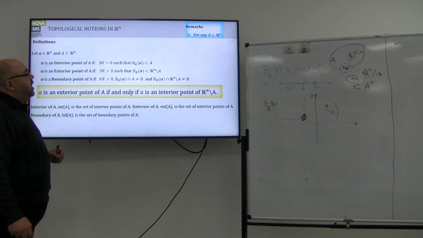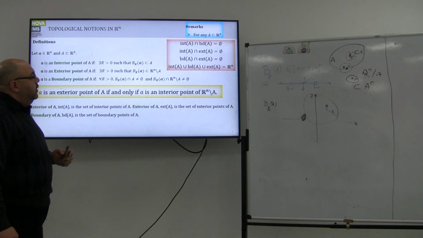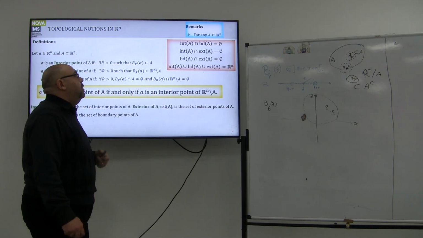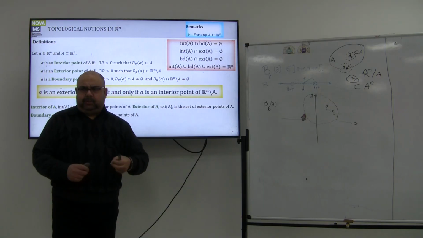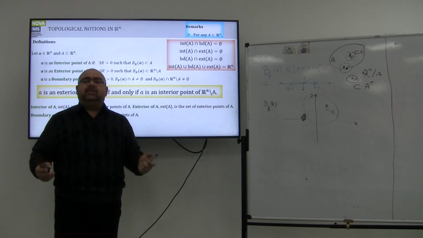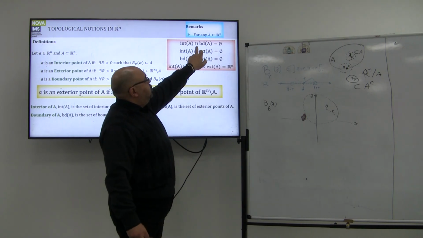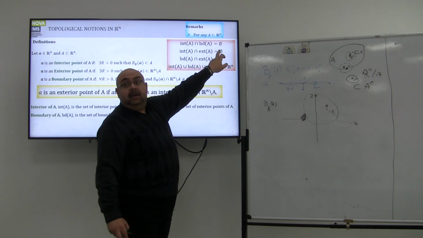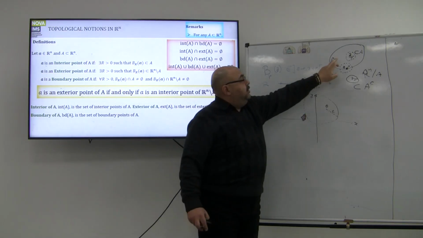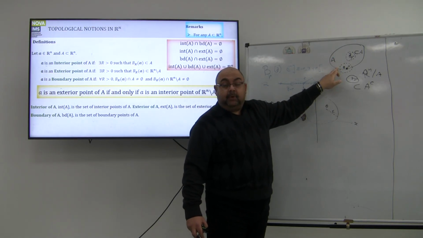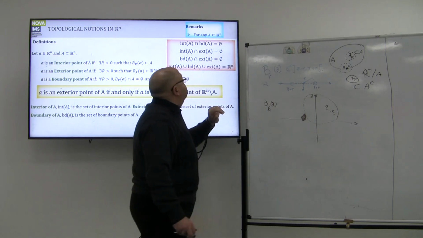Once more, for any A belonging to Rn, those are some of the remarks that can come to you as multiple choice or to justify. An interior point intersection the boundary is phi. Any point that belongs to the interior is not going to be a boundary point, because the intersection between them is phi.